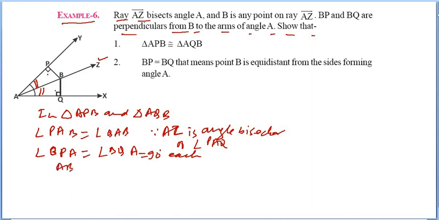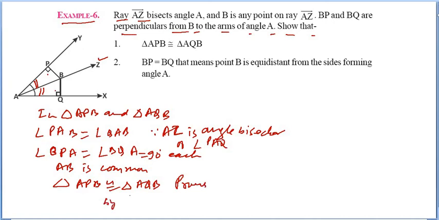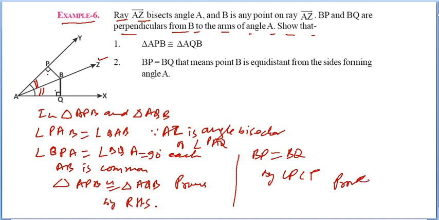So triangle APB congruent to triangle AQB, hence proved, by RHS. And now BP is equal to BQ by CPCT. Hence it is also proved.